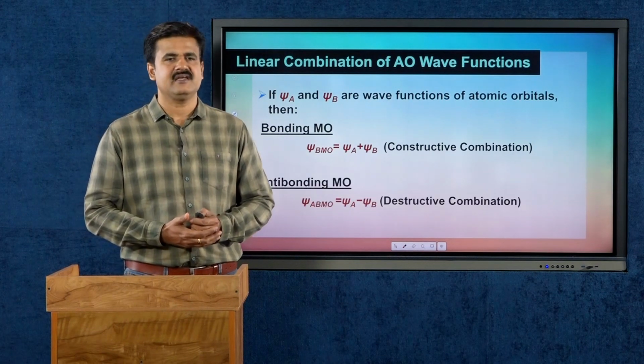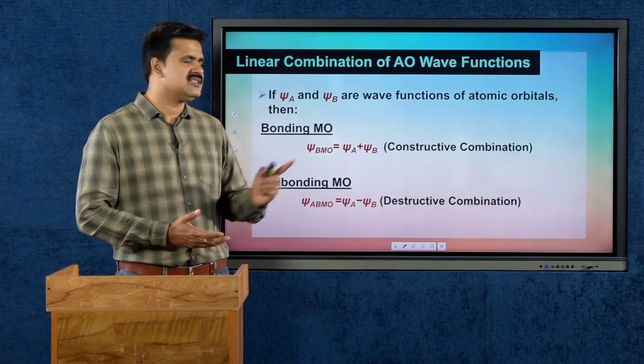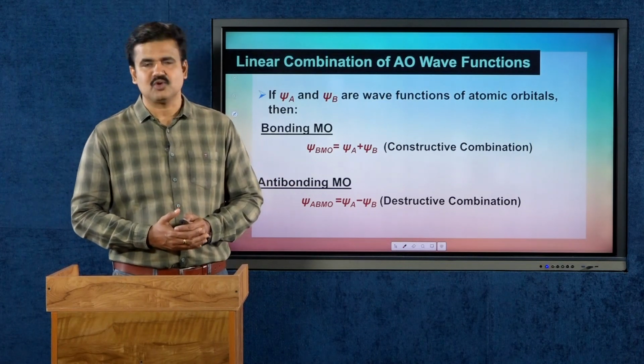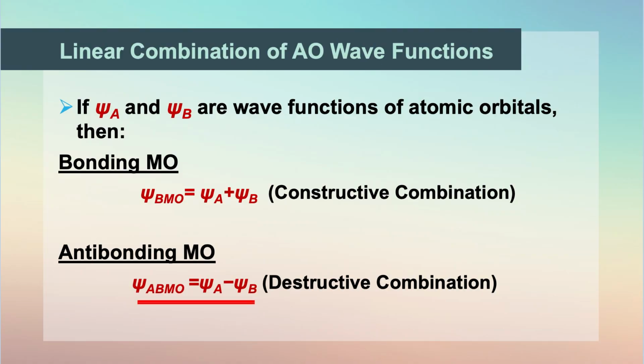In a similar way, antibonding molecular orbital wave functions are formed by the subtraction combination or destructive combination, which is represented like this: psi ABMO equal to psi A minus psi B.